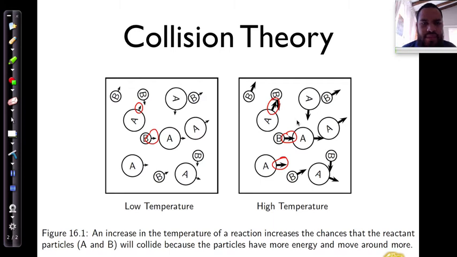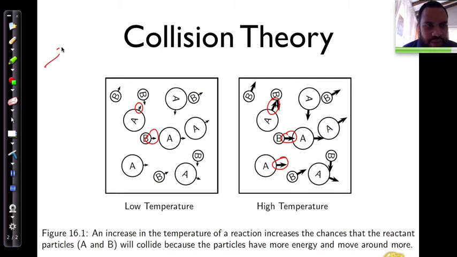Okay. So A and B, these are atoms or particles. So A and B are reactant particles, and as you can see, this is a closed vessel. At a low temperature, we see that this arrow is quite short, and at high temperature, this arrow is longer.